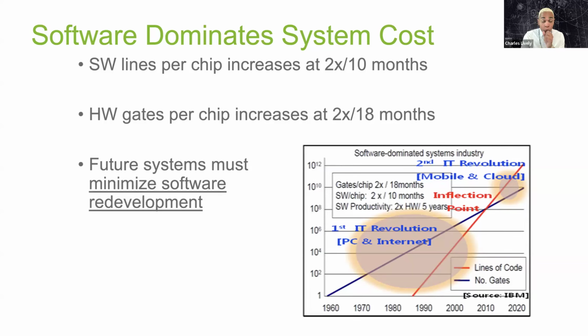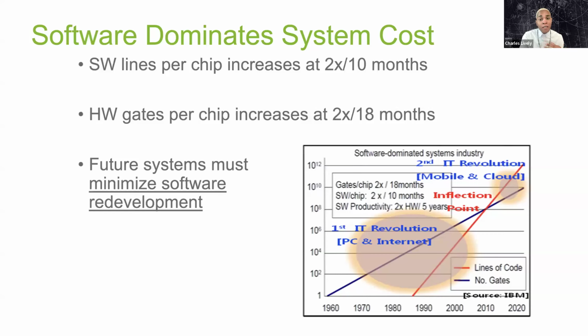So with that, it's important to consider that software plays a large part and can dominate the system costs. And so when you consider the components or the architecture of a chip and you break it into different lines per chip, if you have more efficient software lines, then you're going to have a more cost efficient system.